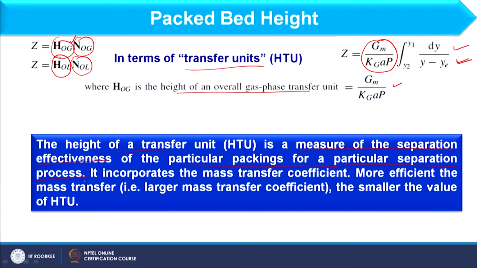Okay. So, it is basically showing the separation effectiveness because it includes the mass transfer coefficient based on gas phase. So, as we have more mass transfer coefficient, we require less and less HOG value. Okay. And we can consider that the mass transfer becomes more efficient, fine.